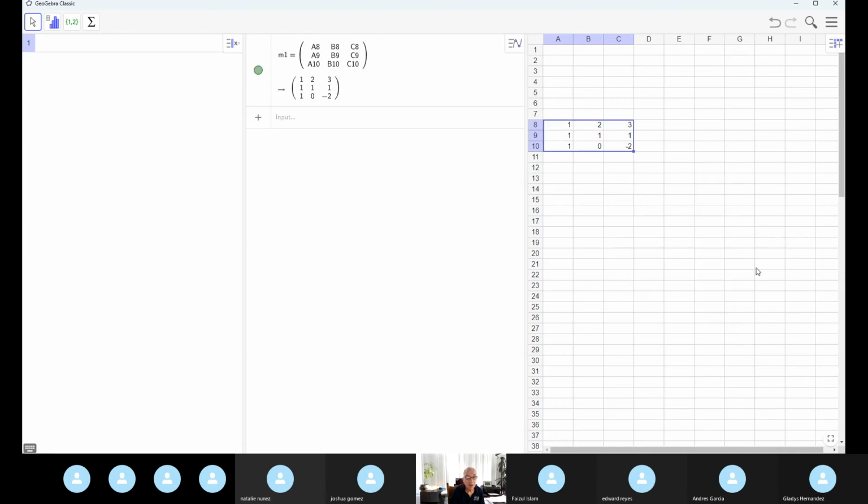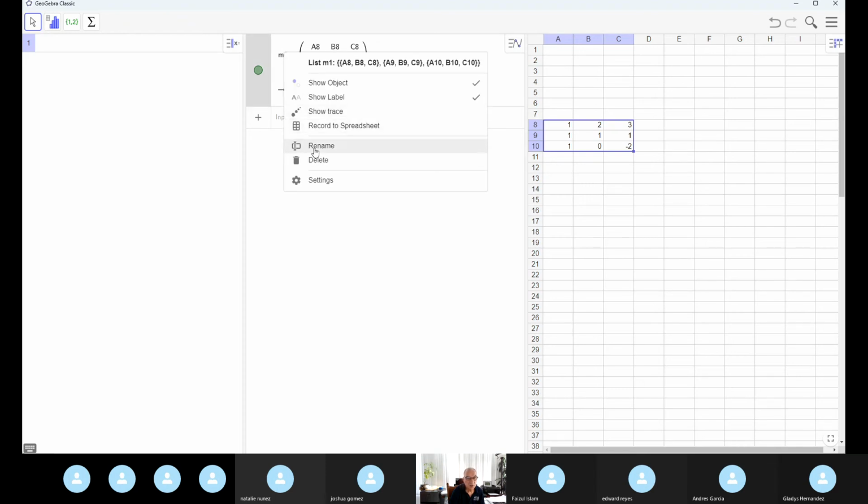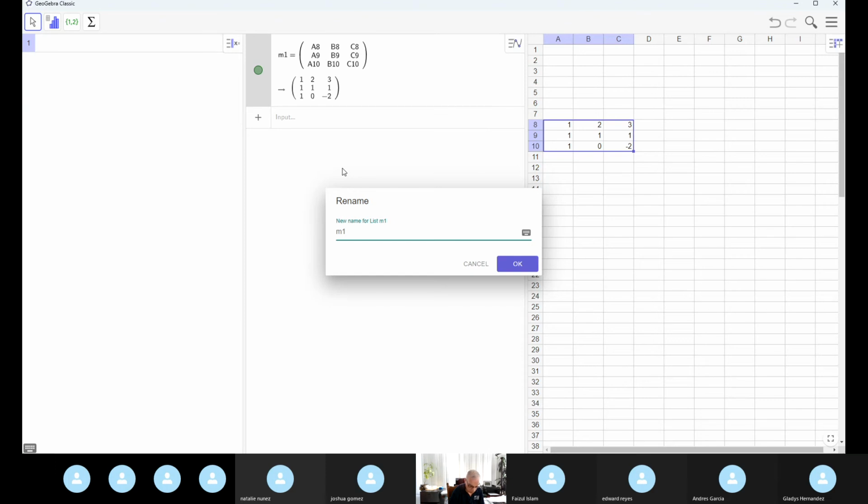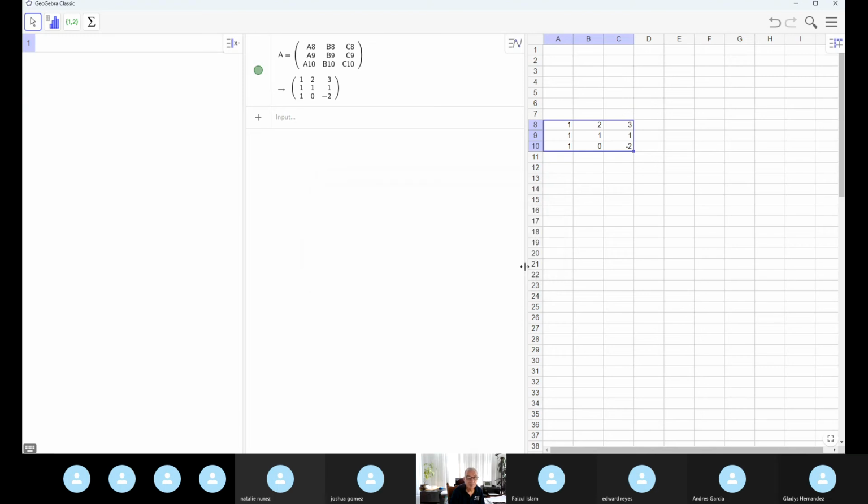Let me create the matrix right now. Let me rename it. Not necessary, but I want to, because I want to call it A. Let me check the numbers. Yes, no problem. I type in B, in any place, guys, it doesn't matter. 4, negative 5, and negative 6.